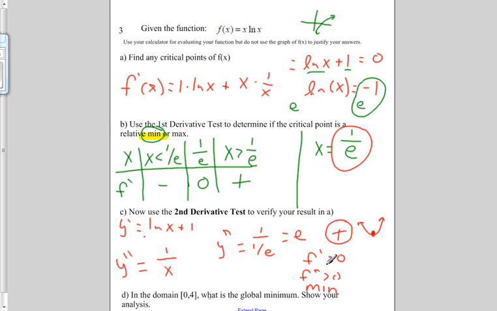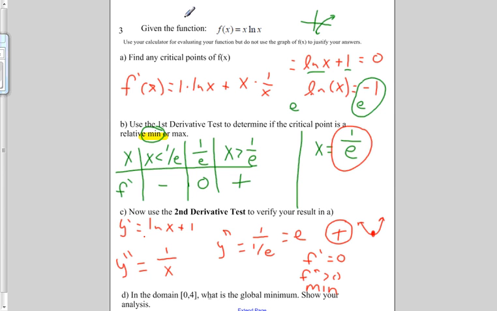And you don't need to remember all of these rules. Don't memorize that if the second derivative is greater than 0, therefore it's a min. Just think, if the second derivative is greater than 0, then we're concave up. Know that. That's the thing you should know. And if it's concave up, it's very clear that it's a min.